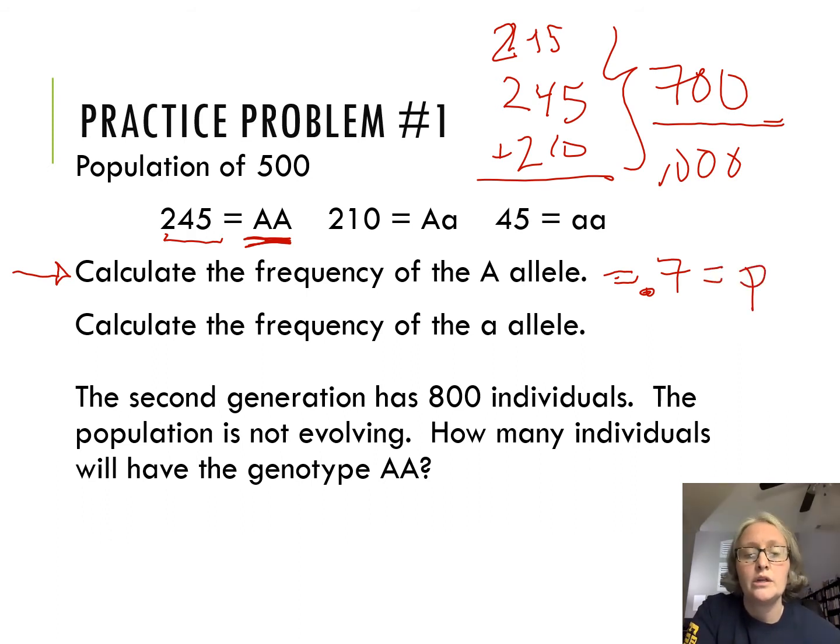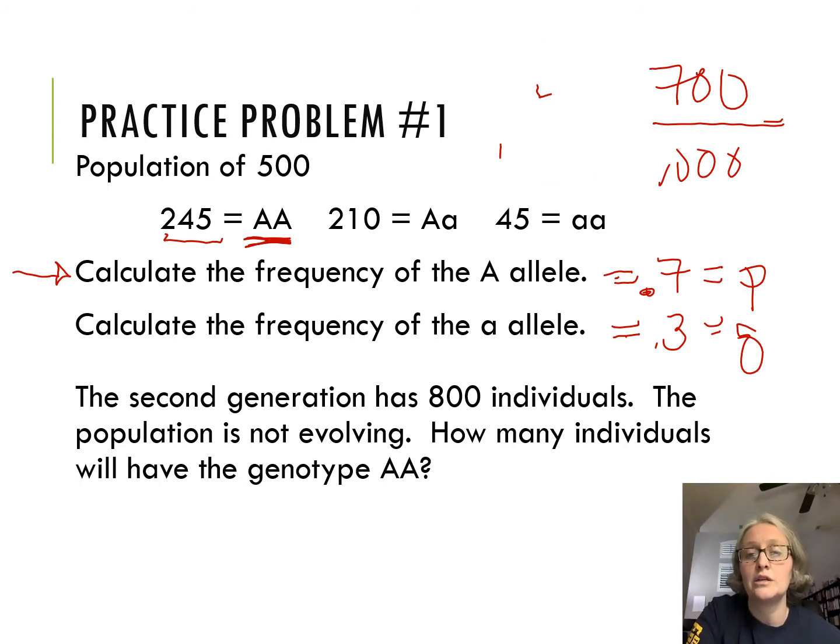So to calculate the frequency of the big A allele, it equals 0.7, or in other words, p equals 0.7. To calculate the frequency of the little a allele, we now have two choices. The easiest way, I think, is to use our equation where if you know p, you can solve for q. We know p is 0.7, and so in this case, we can just quickly figure out that q must be 0.3. Or if you want to check your math, we can go and add it up just like we did in the previous situation. So let's go ahead and give ourselves some room to do this work.